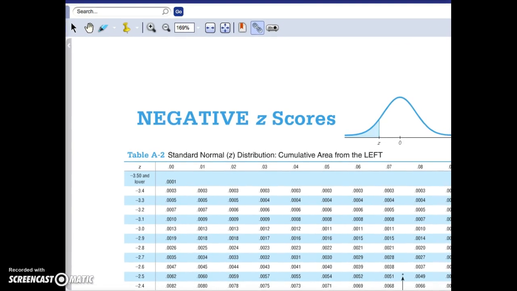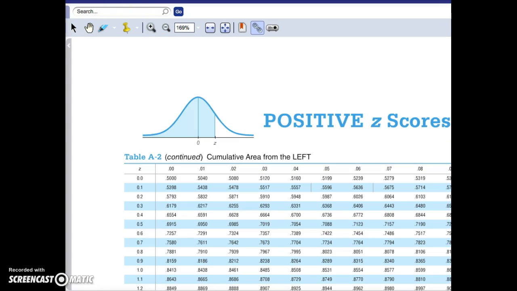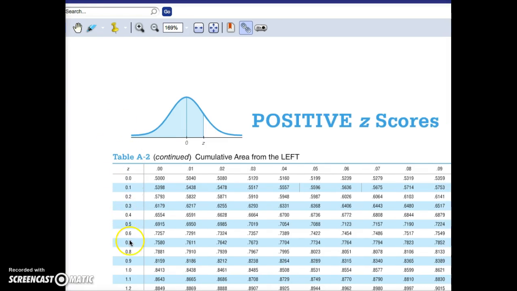So here's the negative side, and then if we go to the next page, we see the positive side. And here, what you're looking at in the left column represents the whole numbers and the tenths place, and then the first row represents the hundredths place.